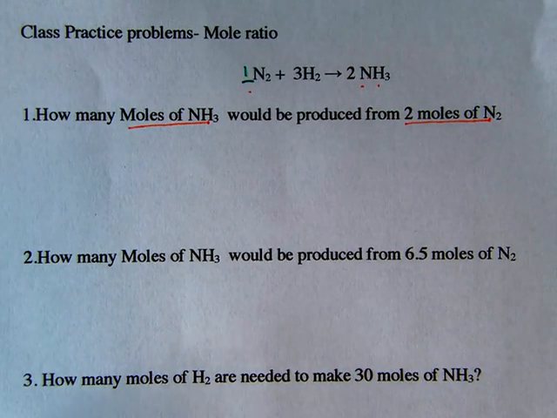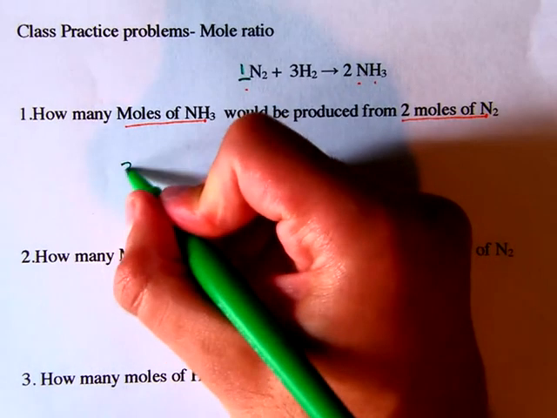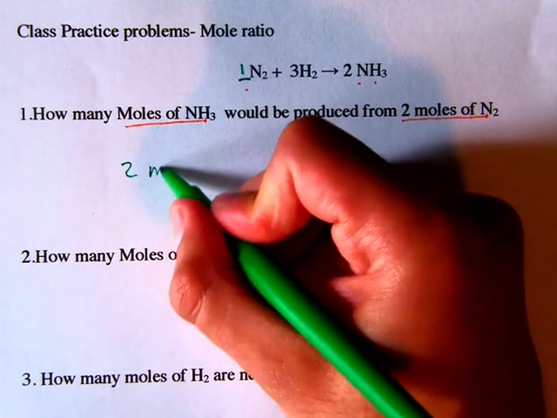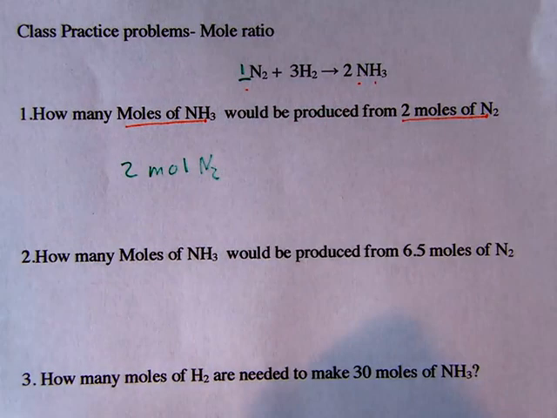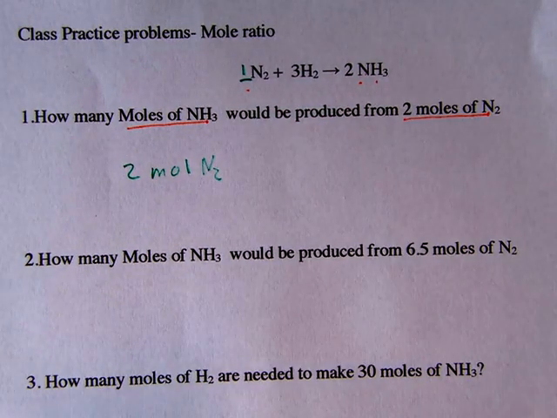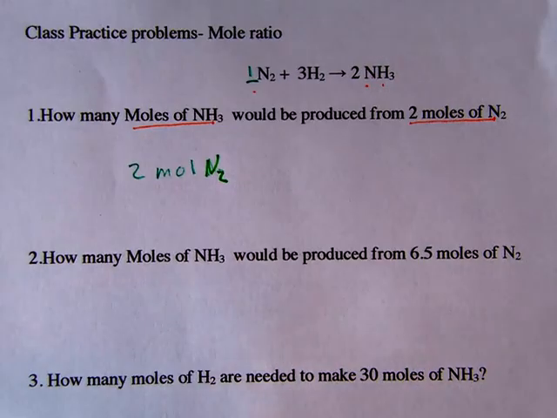So step 1 would be take this number and rewrite it. So we have 2 moles of N2. Okay, that's what I'm starting with. Let me rewrite this here. I have 2 moles of N2.